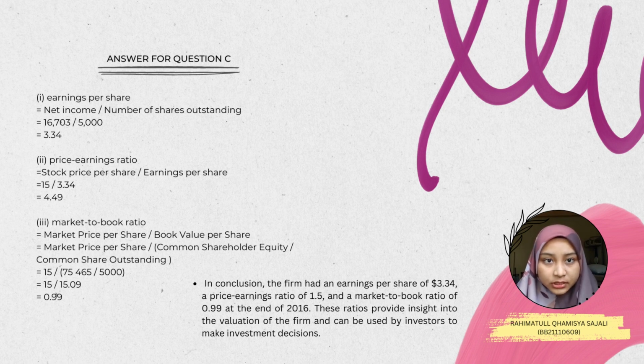In conclusion, the firm had an earnings per share of $3.34, a price earning ratio of 1.5 and a market to book ratio of 0.99 at the end of 2016. This ratio provides insight into the valuation of the firm and can be used by investors to make investment decisions.